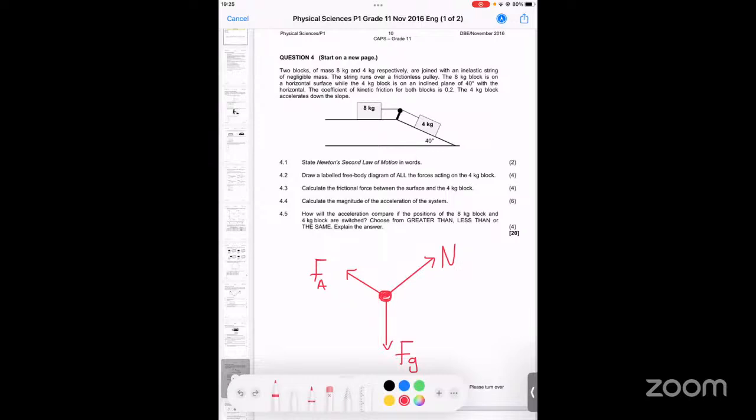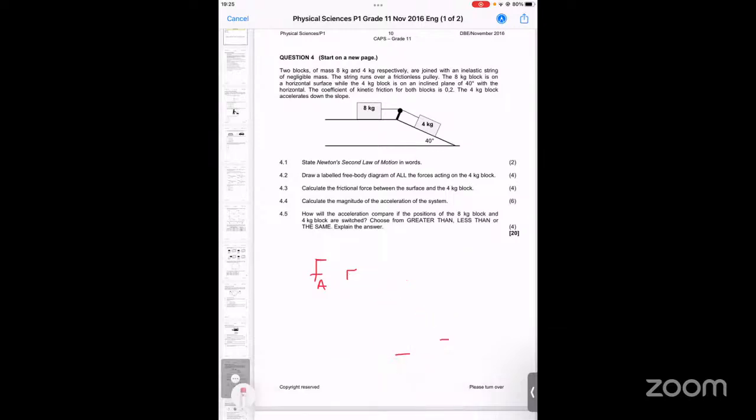The opposite of FA, sir. Opposite of FA, meaning in that direction. Yes, sir. Okay, what did you say again about the movement? I said kinetic friction, so it's moving up the slope, sir. Up this slope. Okay, then it's fine. Let me remove all of that.